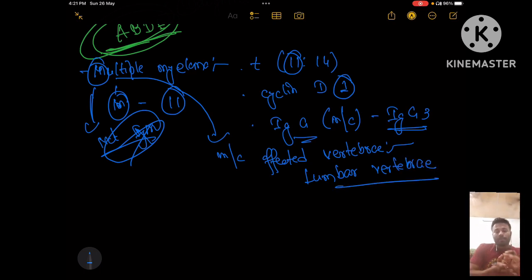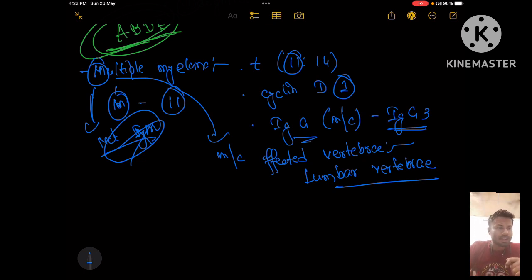So in multiple myeloma, the gene translocation is 11;14, cyclin D1, the abnormal immunoglobulin is IgG, specifically IgG3, and the most affected vertebra is the lumbar vertebra.